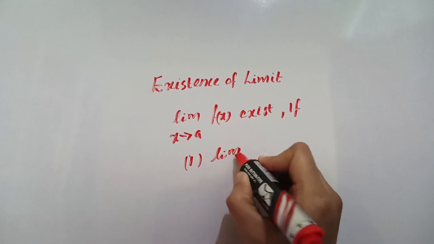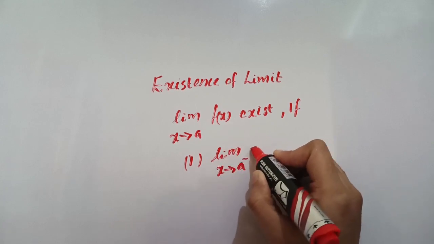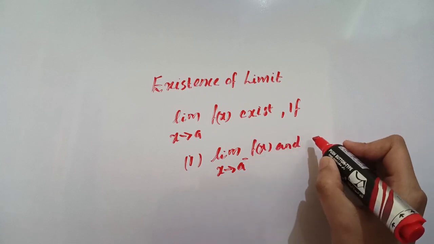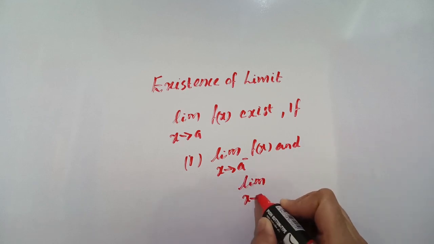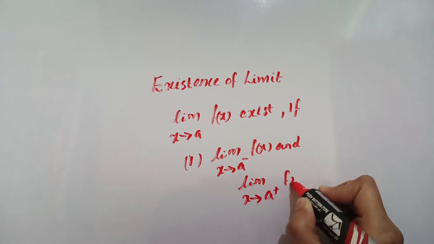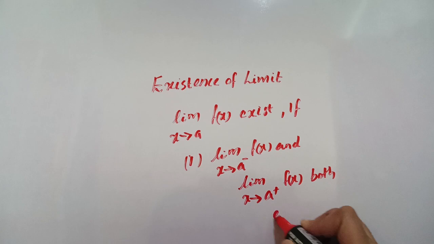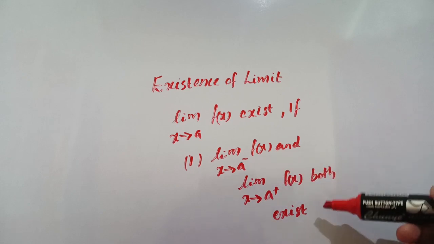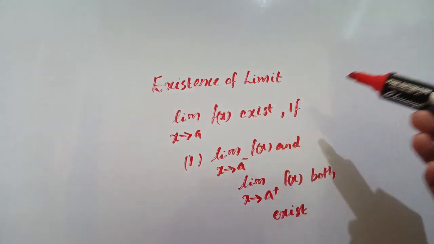That is, limit x tends to a minus f of x and limit x tends to a plus f of x both exist. If both the left hand limit and right hand limit exist, then limit x tends to a, f of x exists.